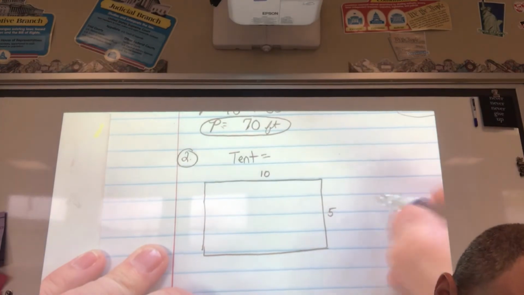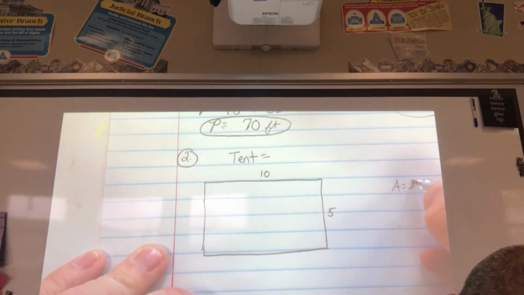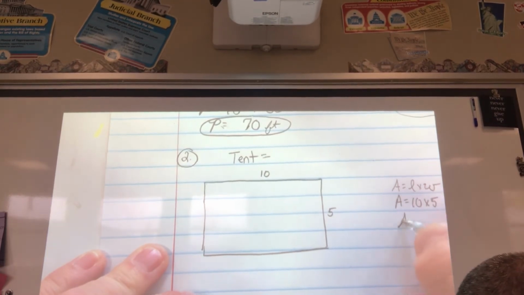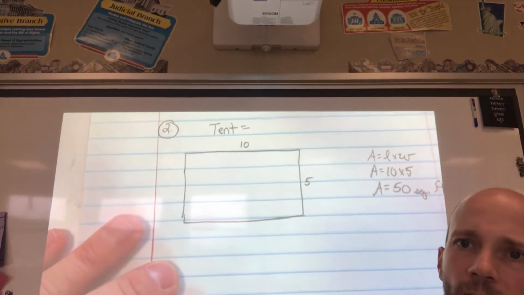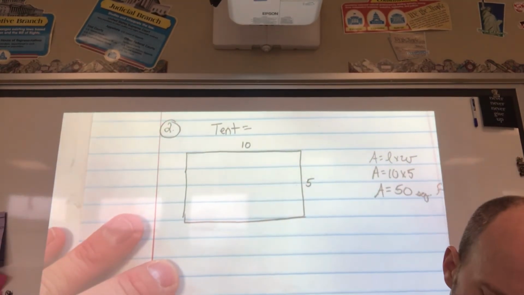So his tent area is going to be area equals length times width. Area equals 10 times 5. So the area, he's got 50 square feet to work with. And this time I'm just going to put square feet. He's got 50 square feet for him to do whatever he wants in there, all right?